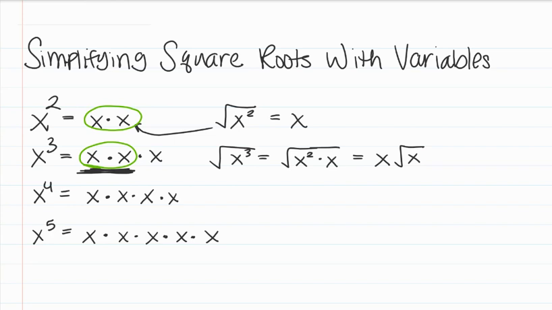If we look at x to the fourth, if I took the square root of x to the fourth, I have 2 pairs. So we wouldn't have to break this down. You could go straight to saying that the square root of x to the fourth would be x squared. Or you could look at it as x squared times x squared, because that shows our pairs, right?